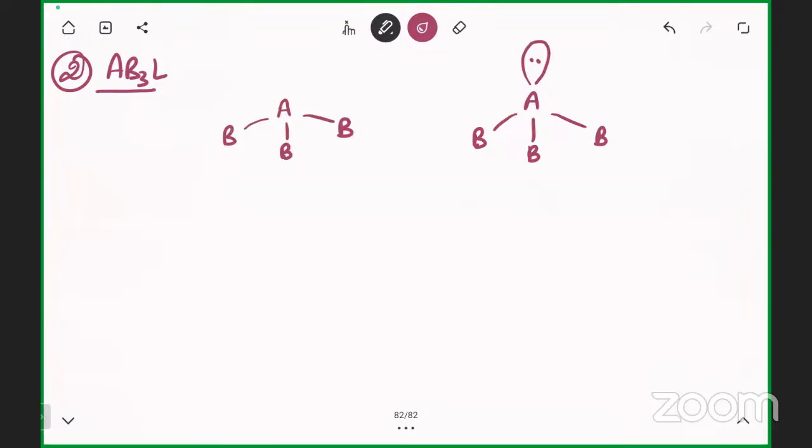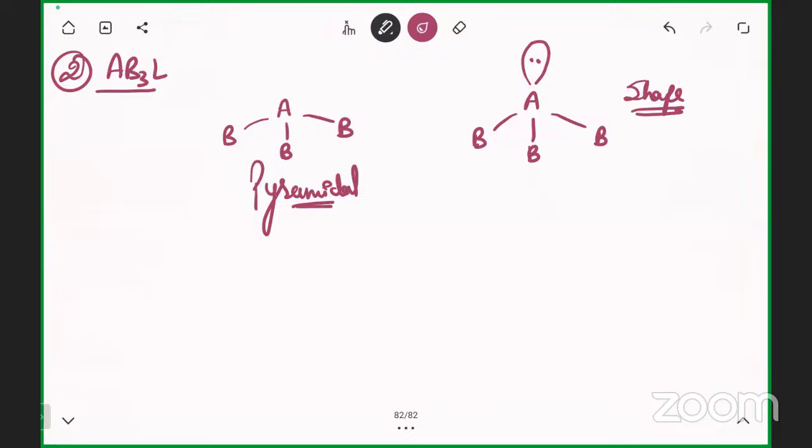When I'm not considering the lone pair, the shape is pyramidal. But because I'm talking about the VSEPR theory, the shape is distorted and the bond angle is decreased.